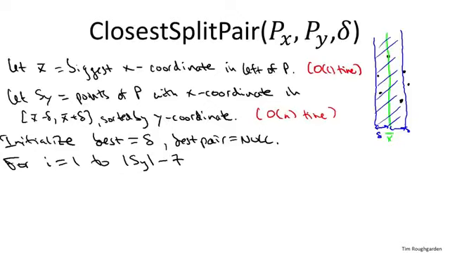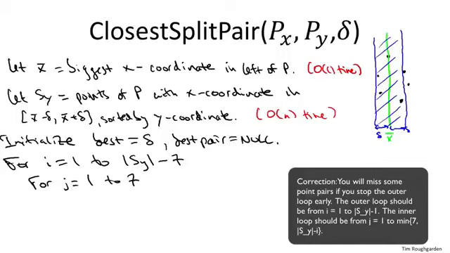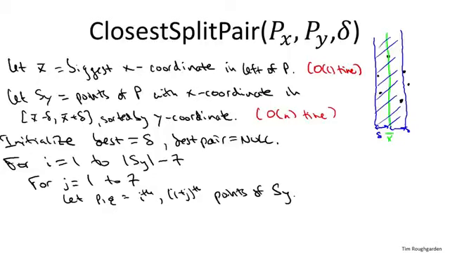So for j going from 1 to 7, we look at the ith and (i plus j)th entry of Sy. So if Sy looks something like this array here, at any given point in this double for loop, we're looking at an index i, a point in the ith entry of the array, and then some really quite nearby point in the array at i plus j, because j here is going to be at most 7.